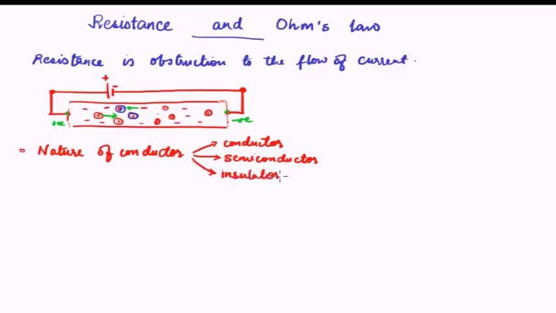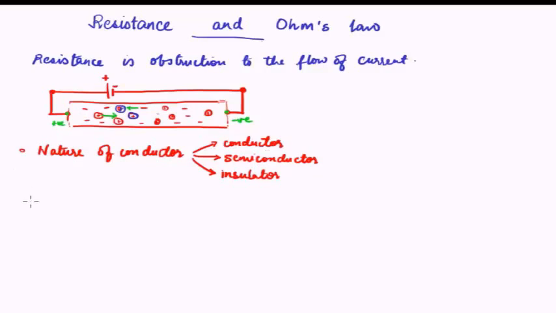They try to block out the movement completely, so they have very high resistance. Now even in conductors, depending on which metal we are exactly using, the amount of resistance can be very low or relatively low. So it is a material property, to be precise.